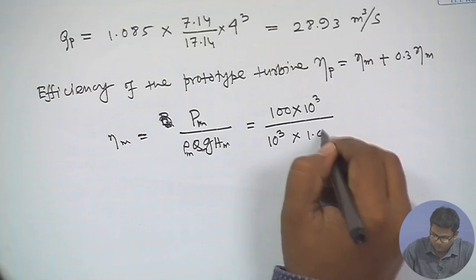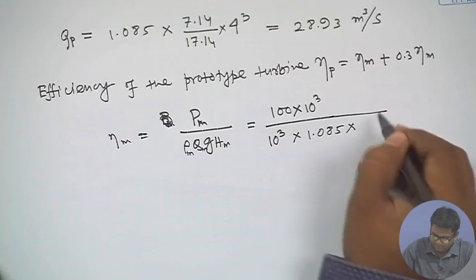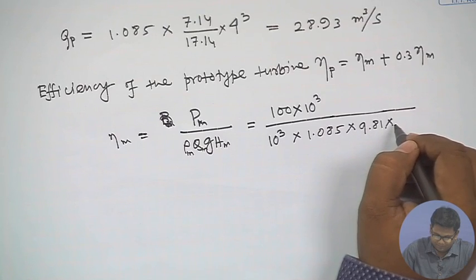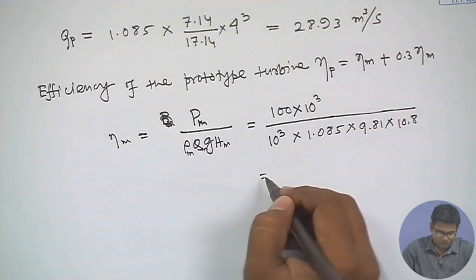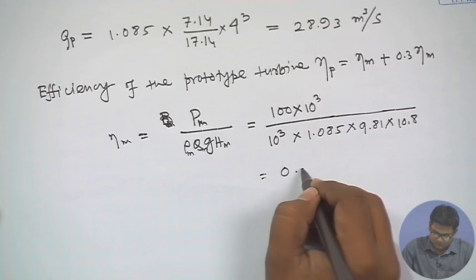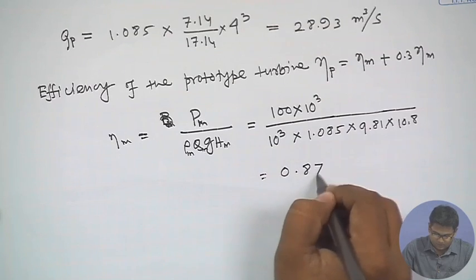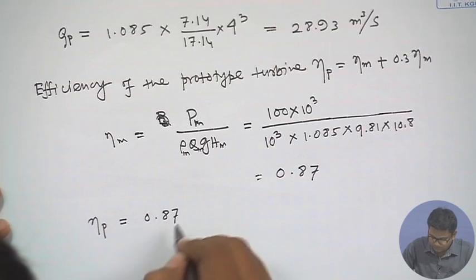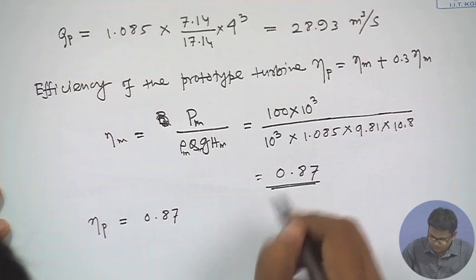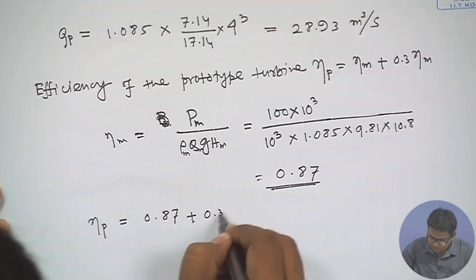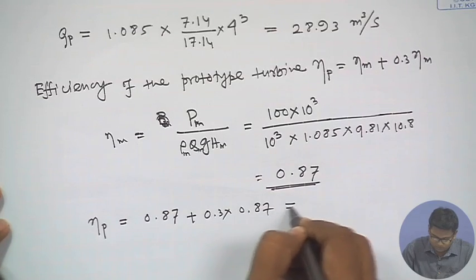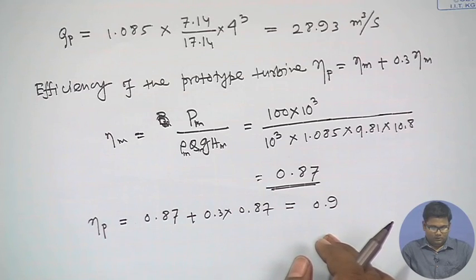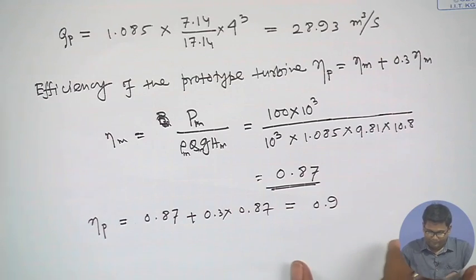Qm is 1.085 meter cubed per second. g is 9.81. Hm is 10.8. So this gives efficiency of the model as 0.876. So efficiency of the prototype will be 0.87, sorry, this is 0.87 plus 0.03 times 0.87, which is 0.9. So this is the efficiency of the prototype turbine.